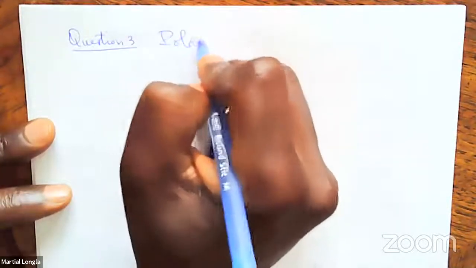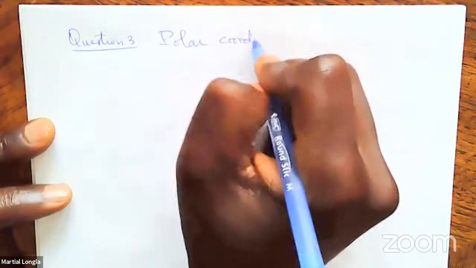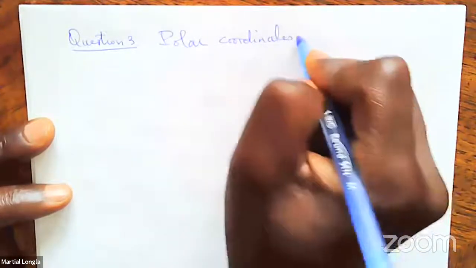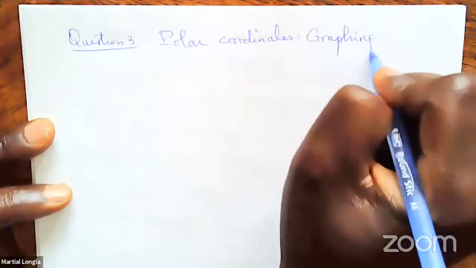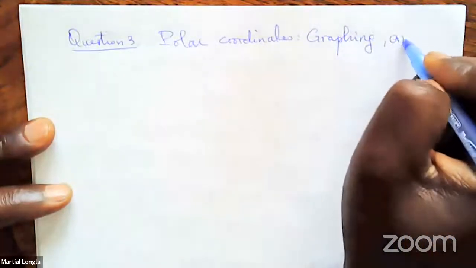So here you have polar coordinates, graphing, area.